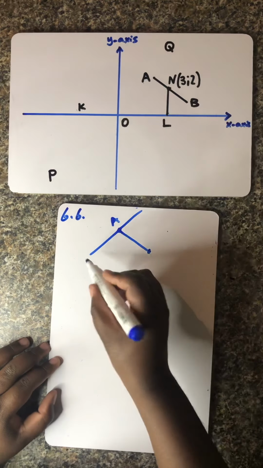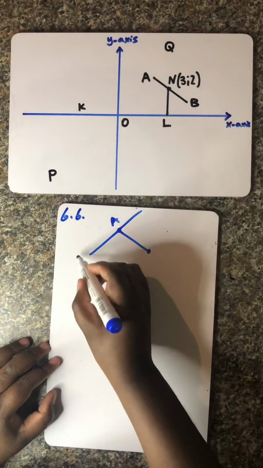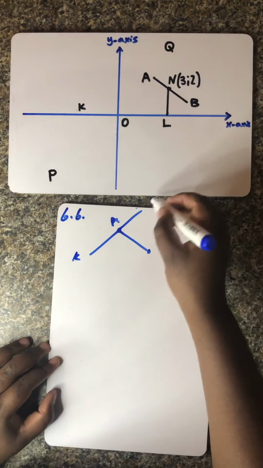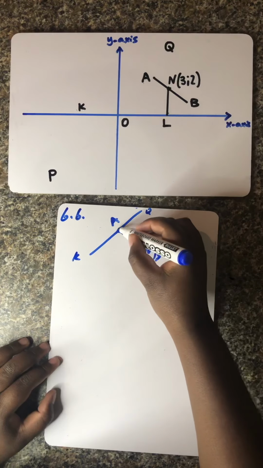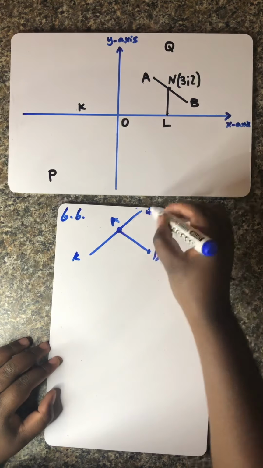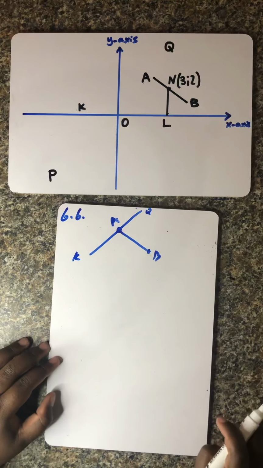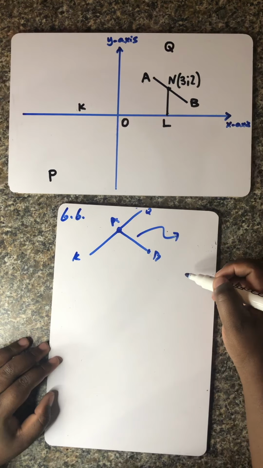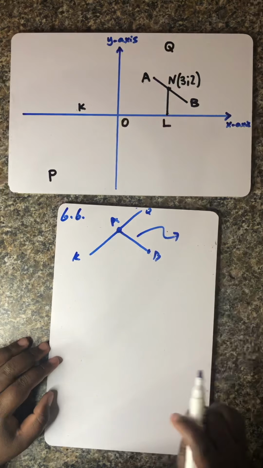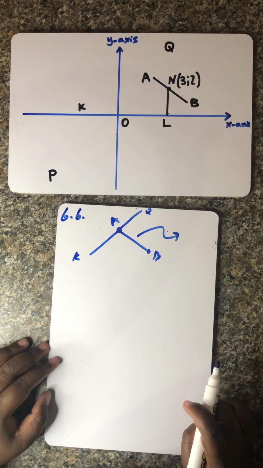This is where we've got that line. Remember, this is that K all the way up to that Q, and this is B. Ladies and gentlemen, this is the point of intersection of these two lines. An interesting question and a straightforward question. Remember, we just calculated, what is it, ladies and gentlemen?